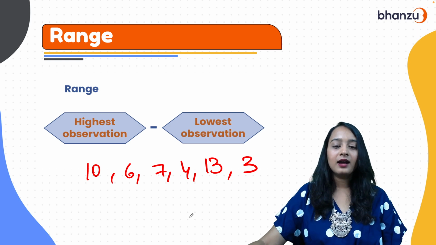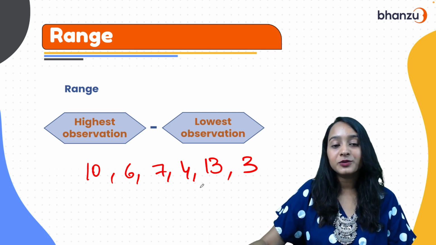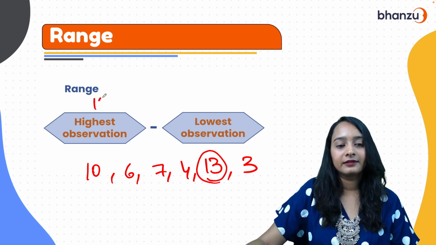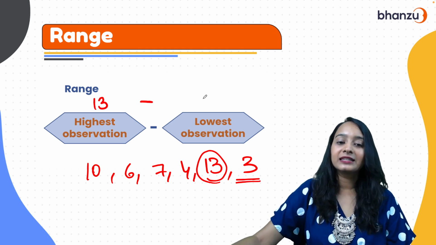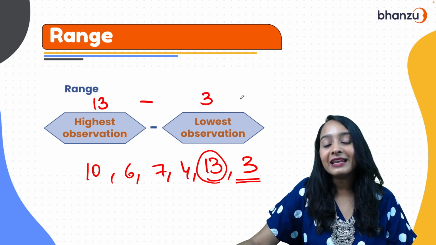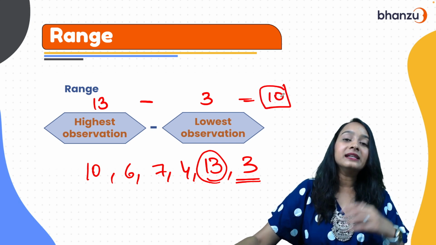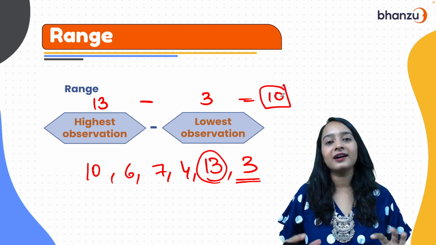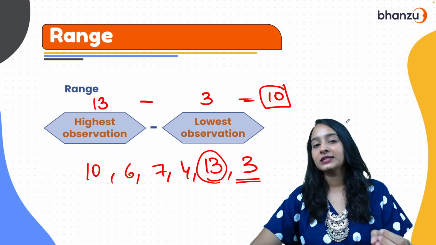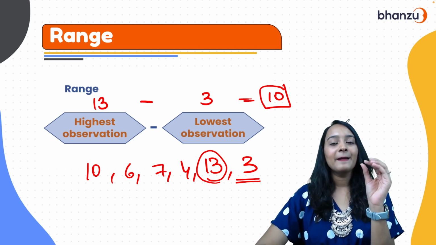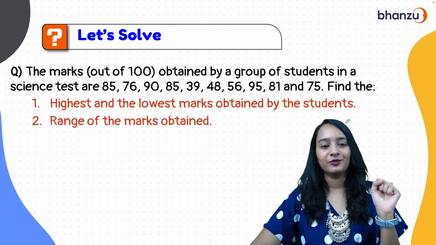Now what is the highest observation here? 13. Minus, what is the lowest observation? 3. So what is the range of the data? The value is 10. That's how your range works. Highest observation minus the lowest observation.